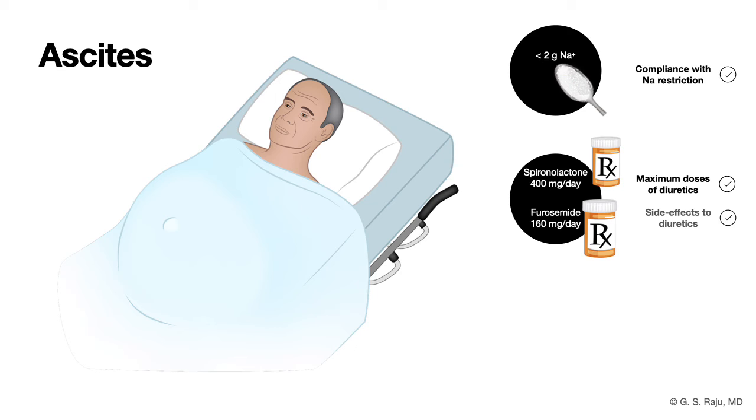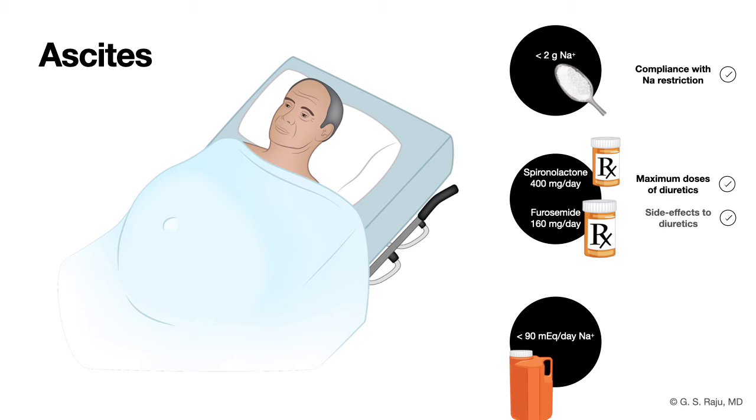And then finally, if the patient is on a salt-restricted diet and a maximum dose of diuretics, you see whether the kidney is able to excrete the sodium. And you can check that by using 24-hour urine collection for sodium.